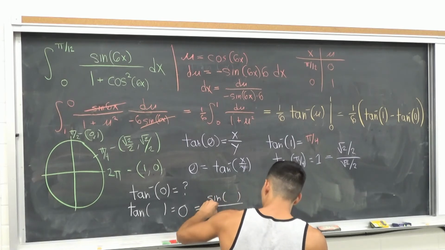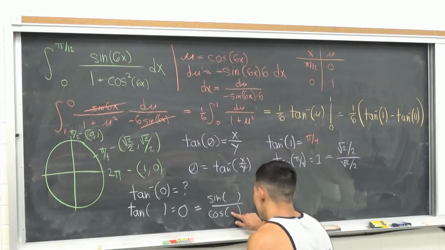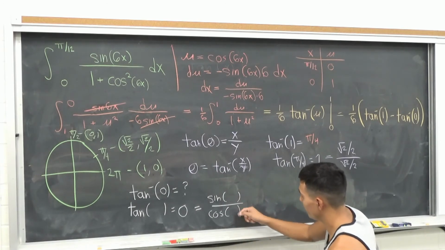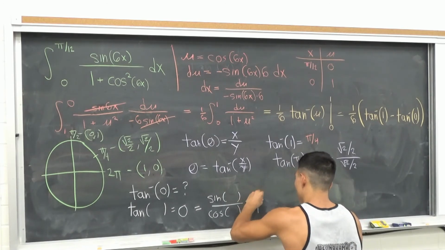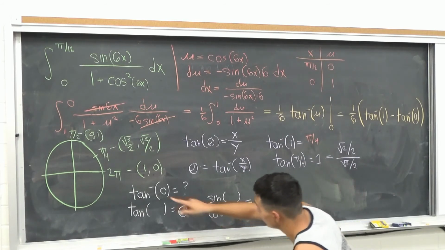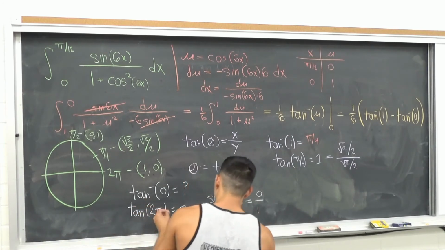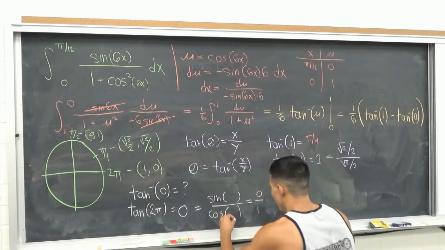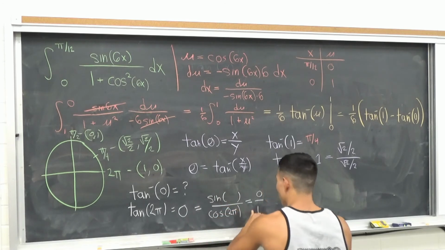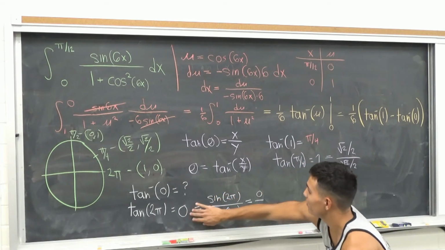So the cosine has to be 1, the bottom part has to equal 1 and the top part has to equal 0. So the x has to equal 1, so it's 2 pi. So tangent of 2 pi is equal to 0. Cosine of 2 pi is 1, sine of 2 pi is 0. So this makes sense.